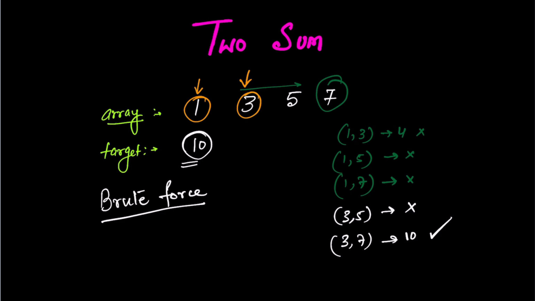So if we try every possible combination, we will eventually arrive at the answer, or we will know that no such answer exists. Now we are keeping track of the starting point, and then for every starting point we are moving through the array. So what we are doing in this solution is a nested loop.